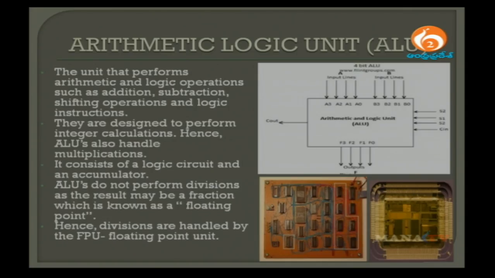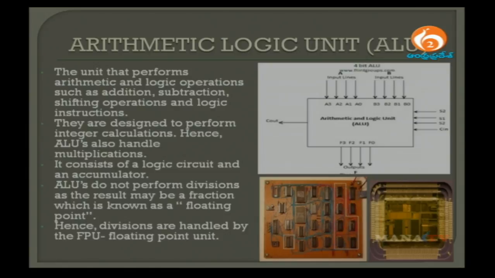Hence divisions are handled by the FPU, that is the floating point unit. When I speak about the CPU, there is a separate division in the arithmetic logic unit, where apart from the ALU we have the FPU which does all this. It is not a particular device which is separately fitted in the computer.